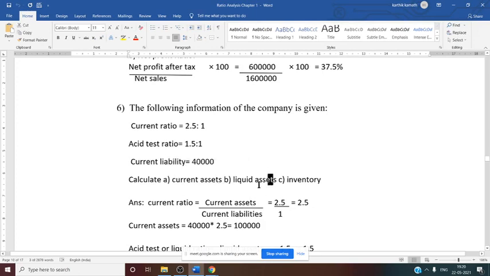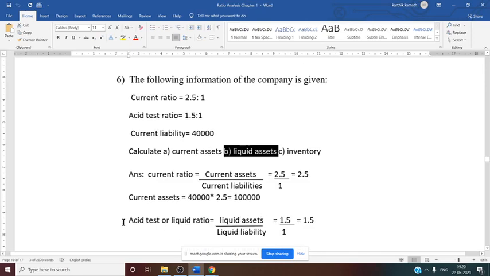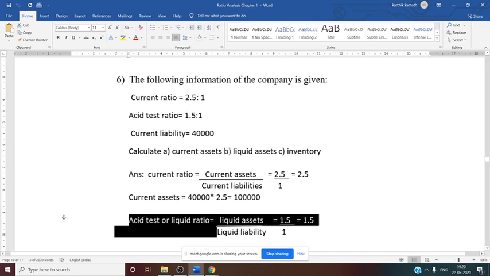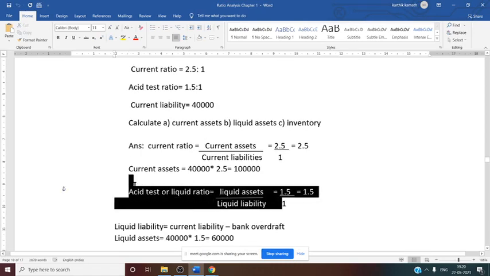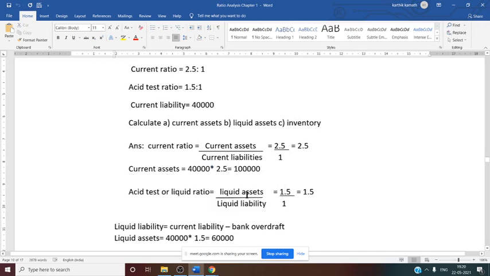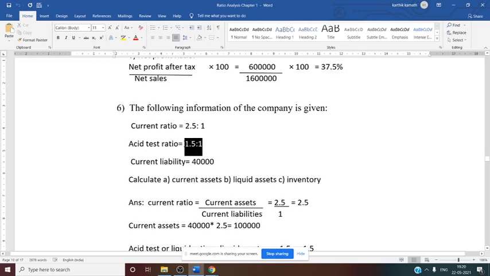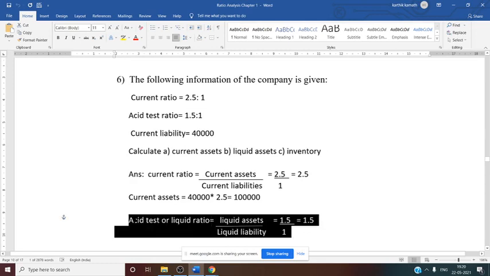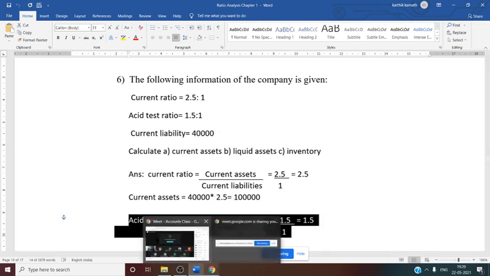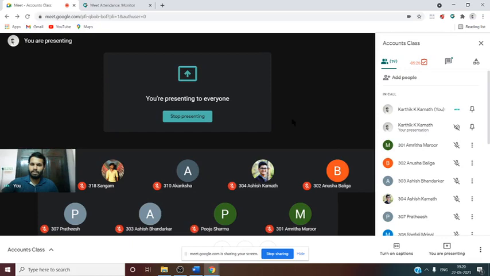Next, liquid asset. Similarly we have to do it for liquid asset, using the acid test ratio or liquid ratio: liquid asset divided by liquid liability. Here it is given as 1.5:1, so 1.5 in the numerator and liquid liability 1 in the denominator, giving an acid test ratio of 1.5. Now, the current liability itself is the liquid liability, because there is no bank overdraft.